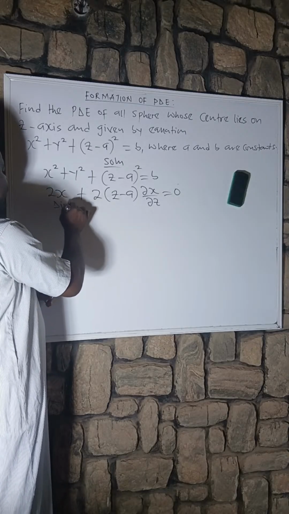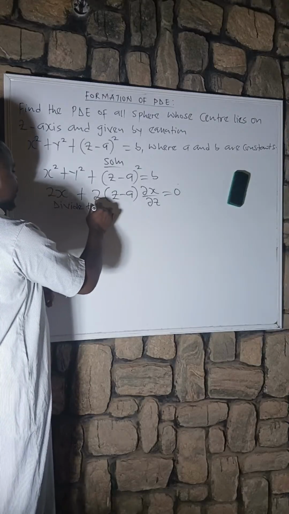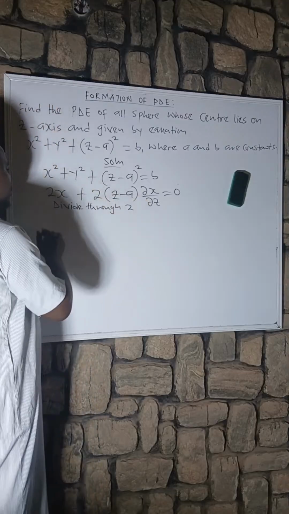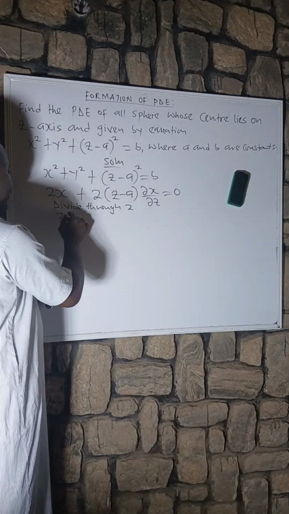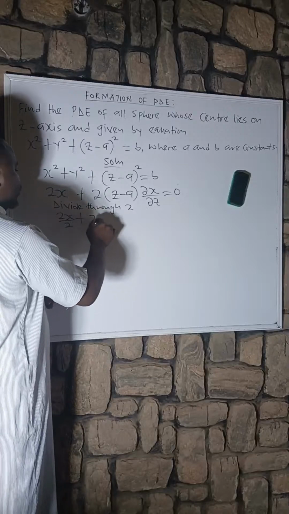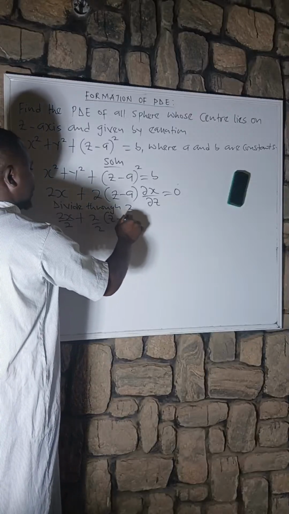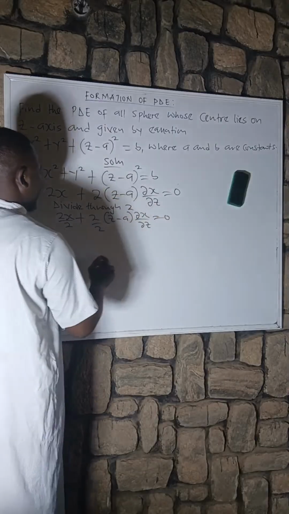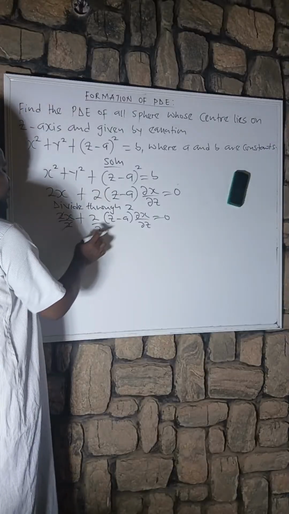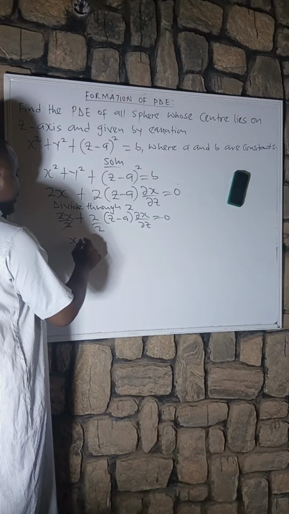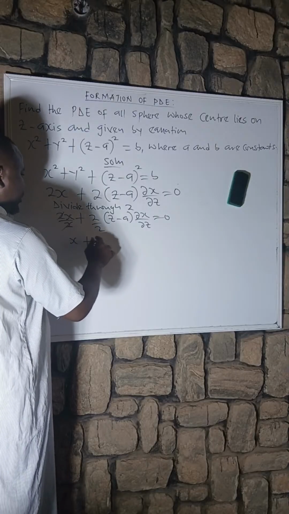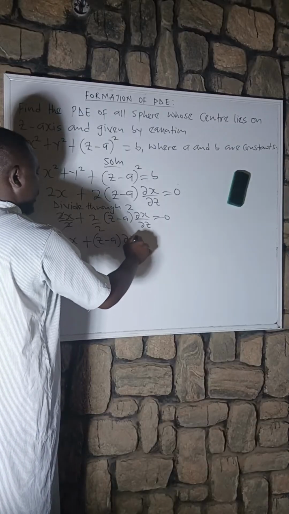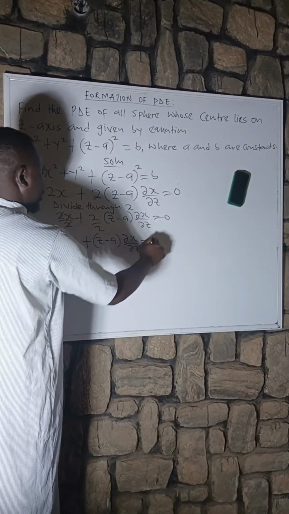If we divide through by 2 at this point, the 2s cancel: 2x over 2 plus 2 over 2 open bracket (z minus a) partial x over partial z equals 0. This and this will cancel. It means we are going to have x plus (z minus a) partial x over partial z equals 0.